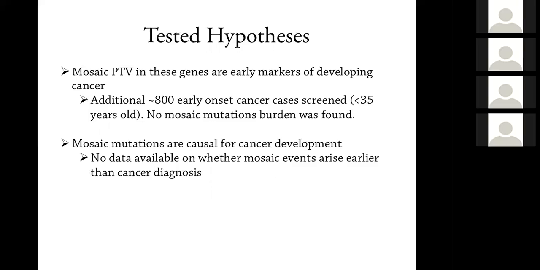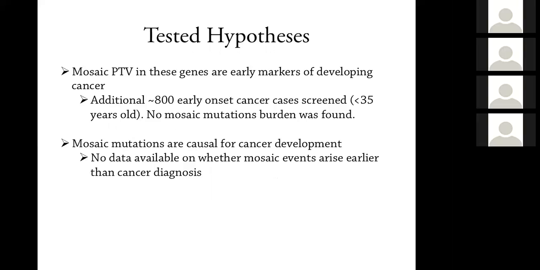That might be an early response of the immune system to a very, very small tumor progenitor arising in the organism. What we did, we screened about 800 early onset cancer cases. All of the people in this cohort had the onset of cancer at less than 35 years old.